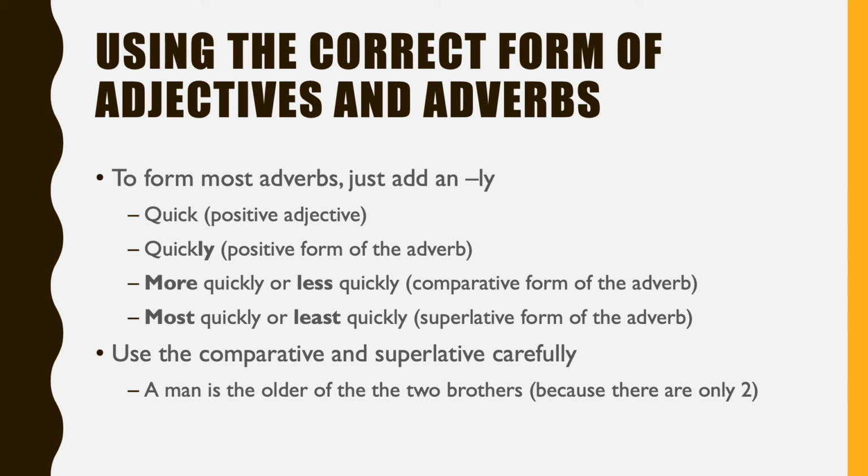Sarah ran more quickly than Jim. Or you could use most or least in front of quickly to make a superlative form of the adverb. Sarah runs the least quickly of the students.